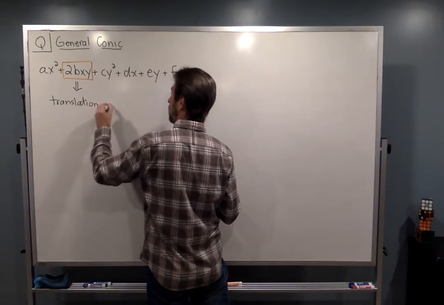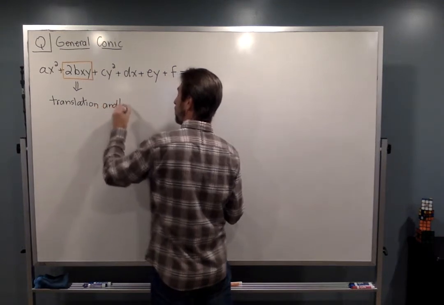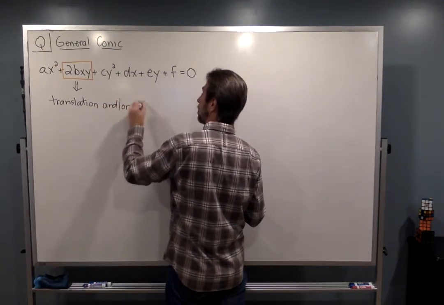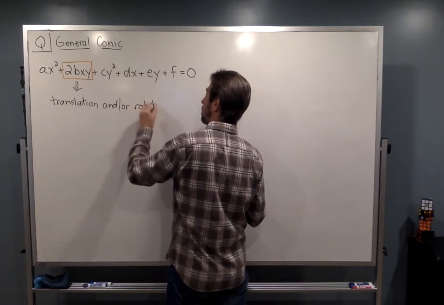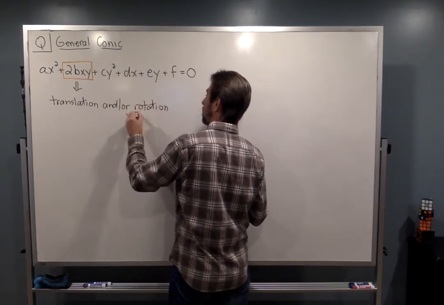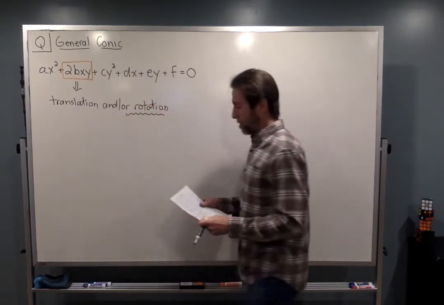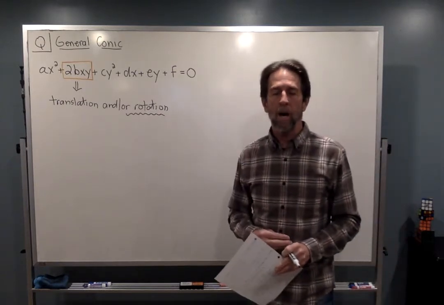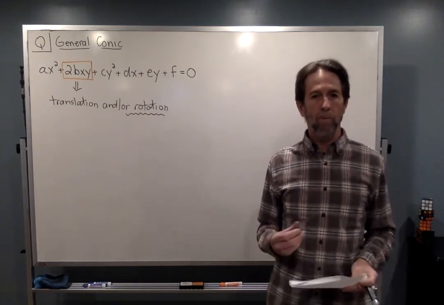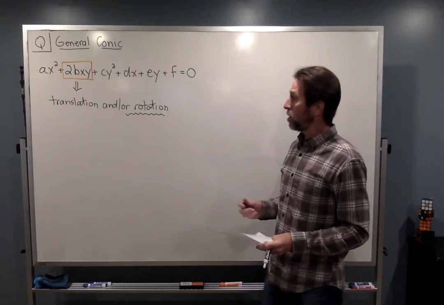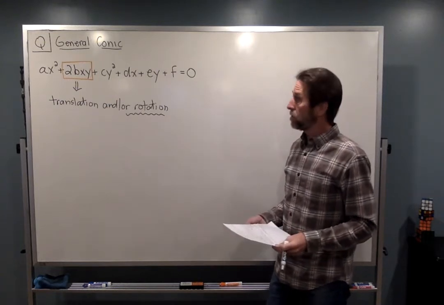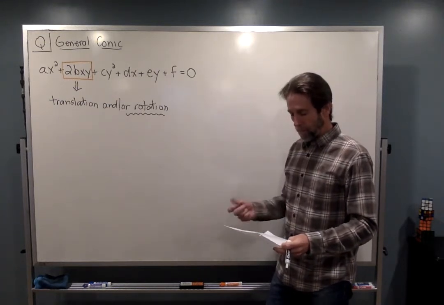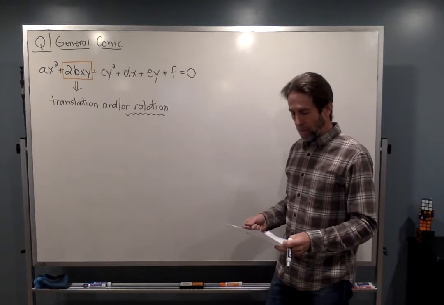And this is the biggest thing, a rotation. So when we see this xy term, we basically have a conic that is not considered either horizontal or vertical. Now, for a circle, it's not going to be as big a deal. But for the others, that's going to be much different than what we've seen before.